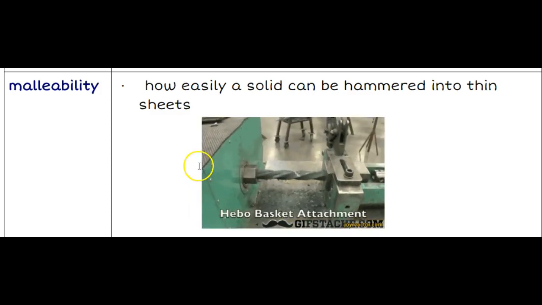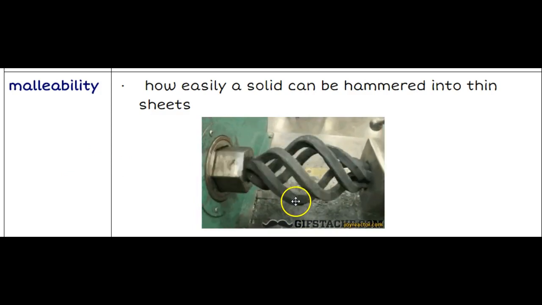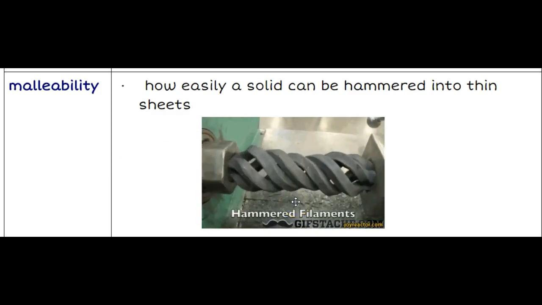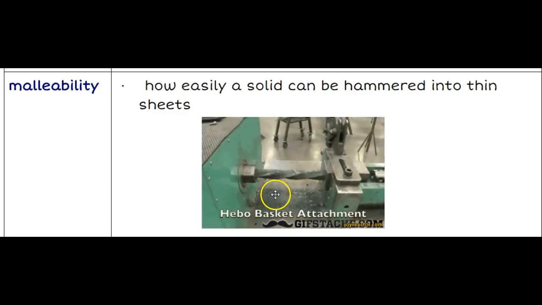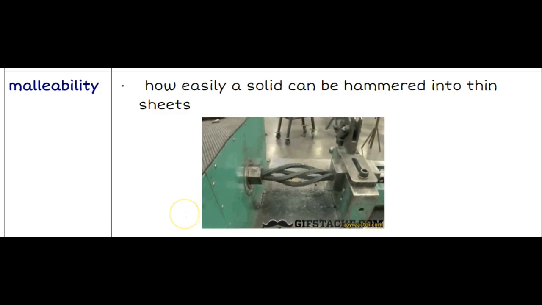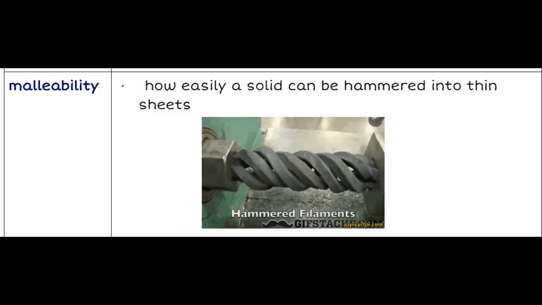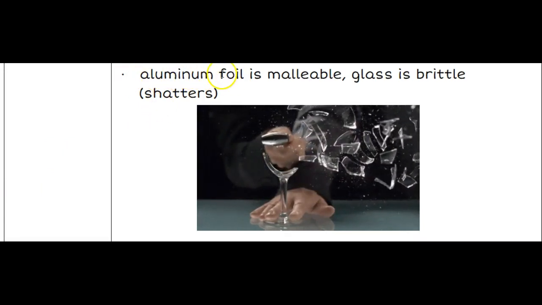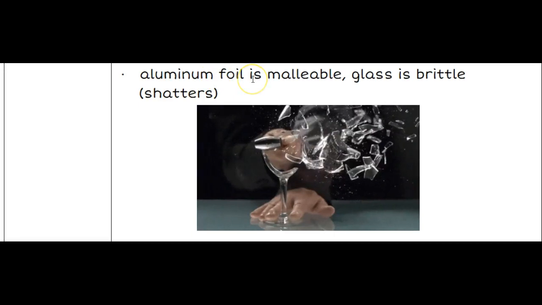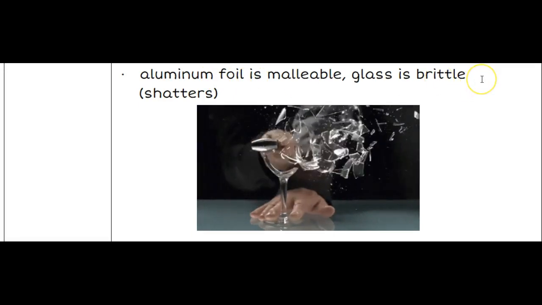Here you can see in this little animation how they're taking this metal and they're able to twist it in various ways, and it doesn't shatter, right? It's still flexible, and that's how we make those posts, I guess they're balusters, that go in staircases. So we would say that substances like aluminum foil, and most metals for that matter, are quite malleable. Whereas a substance like glass, we would just not describe as malleable.